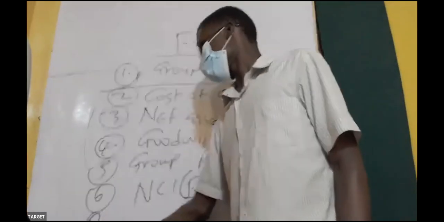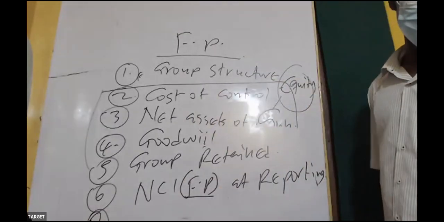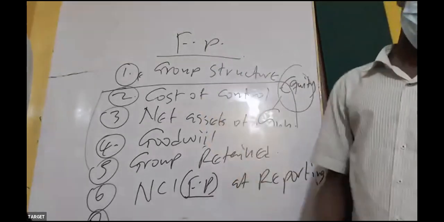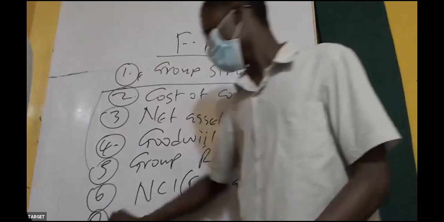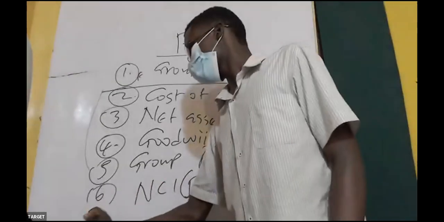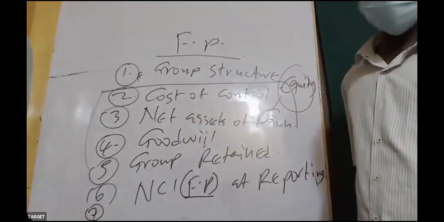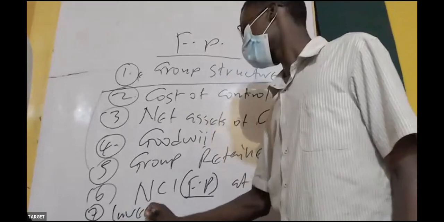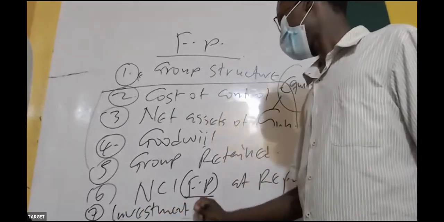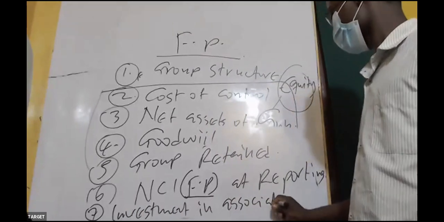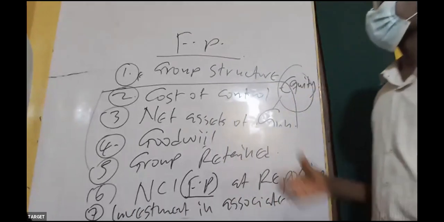Number 7 is investment in associates, if there are associates in the question. These are the major ones.